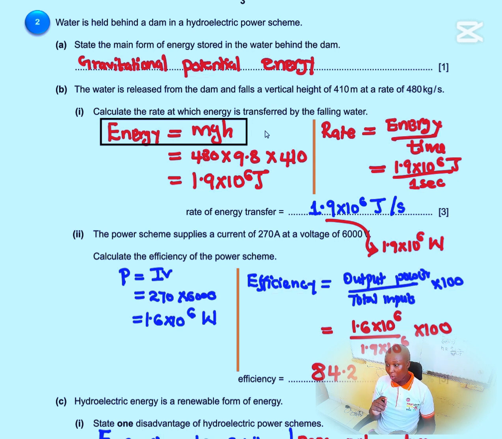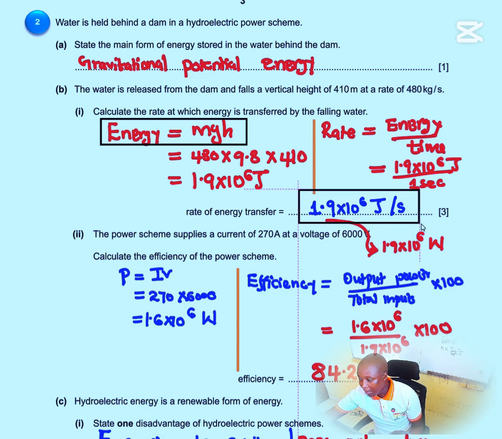But remember, the water is being released at 480 kilograms per second. So our rate is also going to be energy over time. Then if you work out the potential energy, you are going to get your answer here. Then our energy is 1.9 times 10 to the power 6 joules per second, remember. And then we are going to divide by time, which is 1 second. And then the rate becomes this.